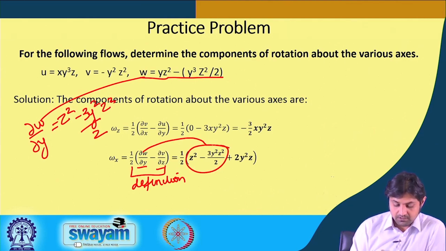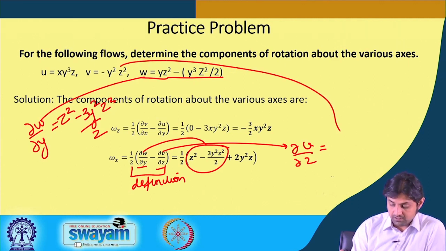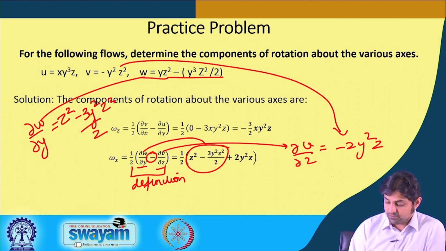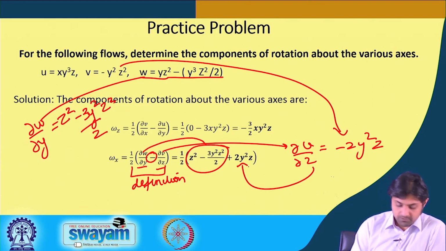Now we also need to know what del v del z is. So del v by del z from here is going to be minus 2y square z, correct, and this has been put with a minus sign here, so this becomes plus when coming here.